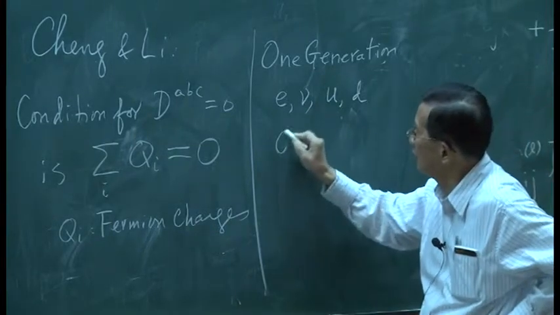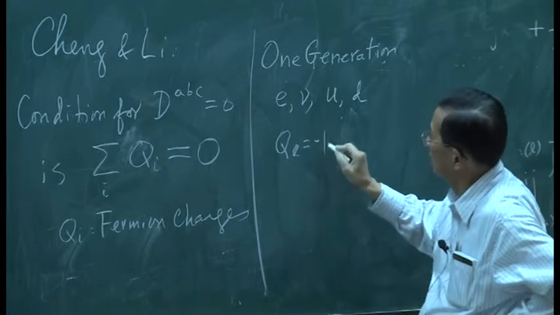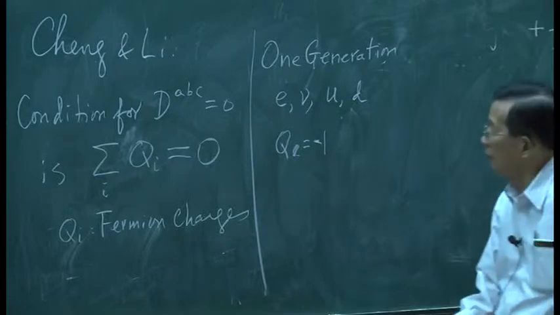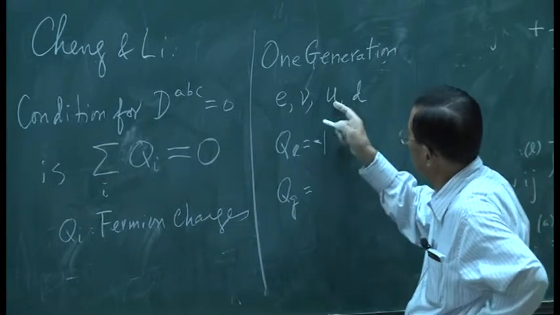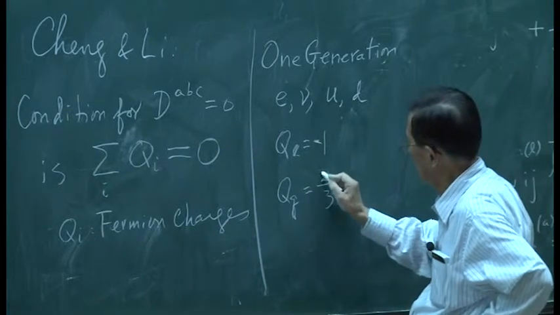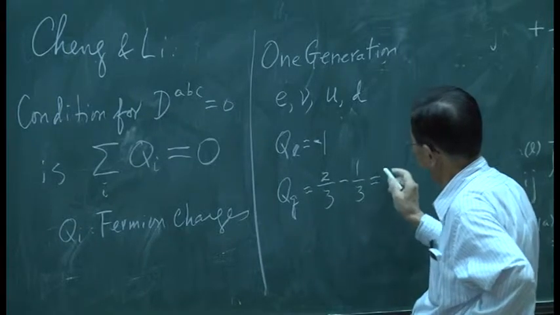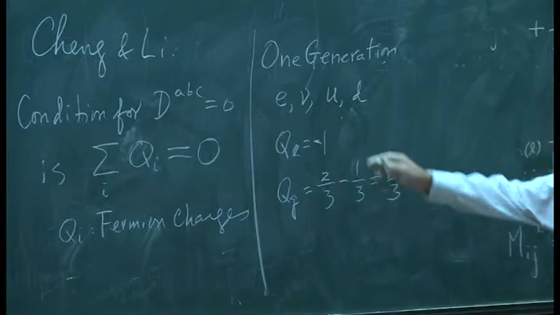So the charge for the electron is equal to -1, only from the electron. For the quarks, we have charge from the up quark, 2/3, and then the down quark is -1/3, so it's 1/3. And it looks like they don't add up to 0.